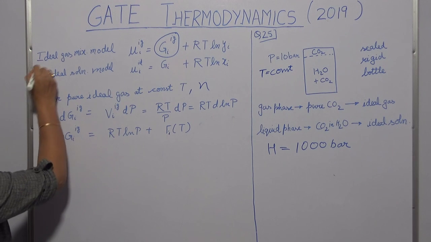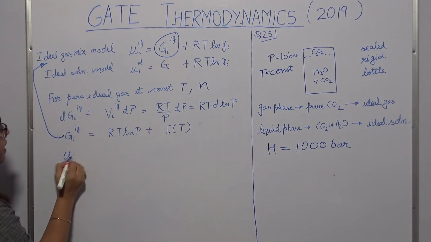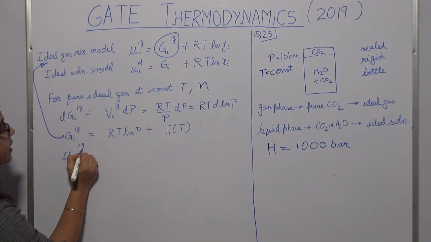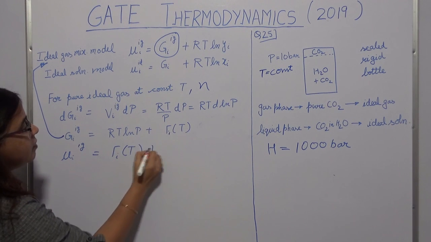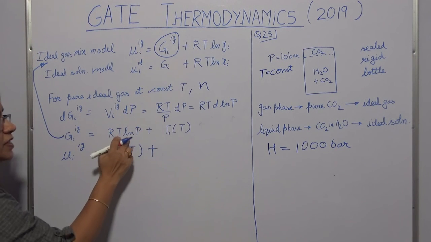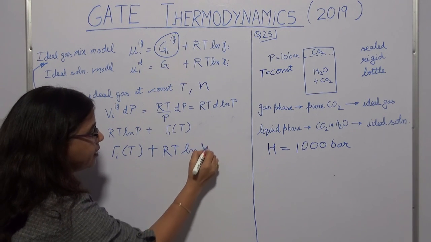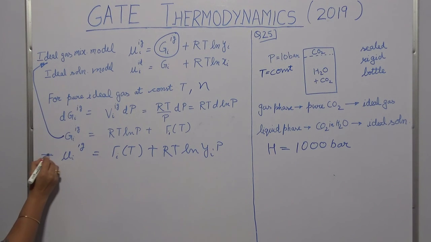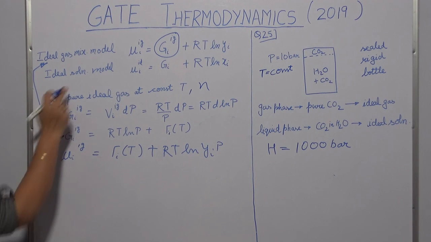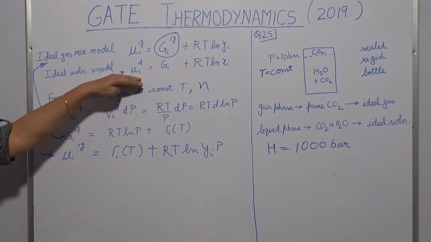Now I am going to put this in my ideal gas mixture model. So what I get is mu i ig equal to the constant of integration plus RT ln Yi plus RT ln P. I can combine these two terms and write RT ln Yi P. Now I am going to equate the chemical potentials in the vapor phase and the liquid phase.